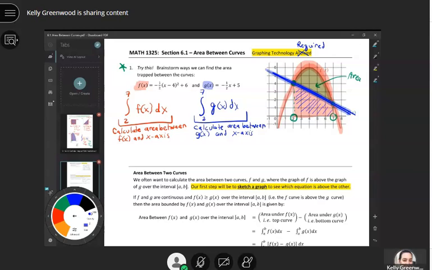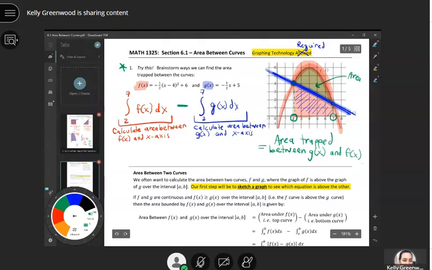So if I take all that red shaded area under the parabola and I subtract off that blue shaded area under the line, if I subtract those, that's going to calculate just the green area trapped between the curves, right? That's going to calculate the area trapped between the parabola, so between g of x and f of x.